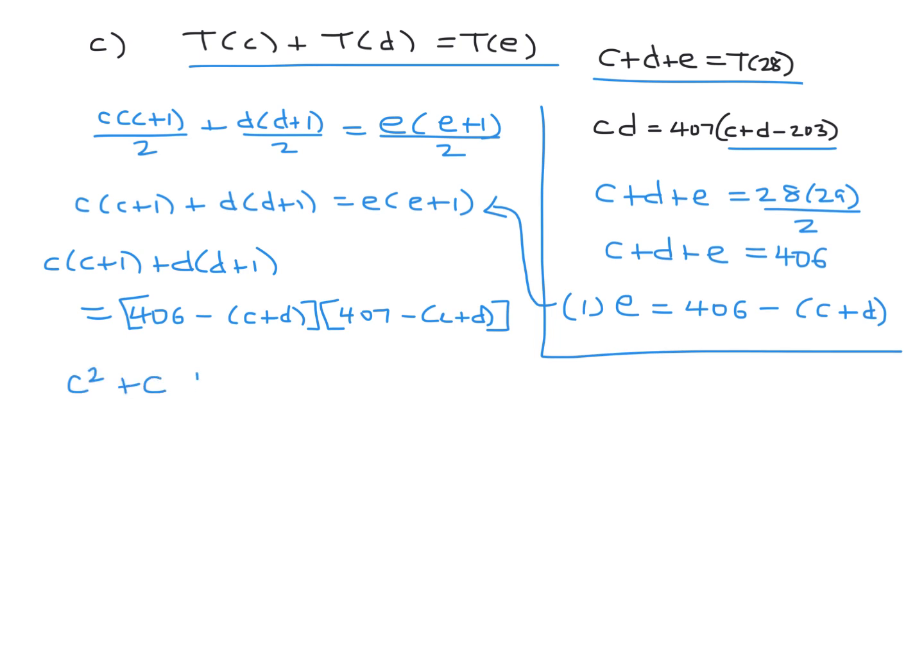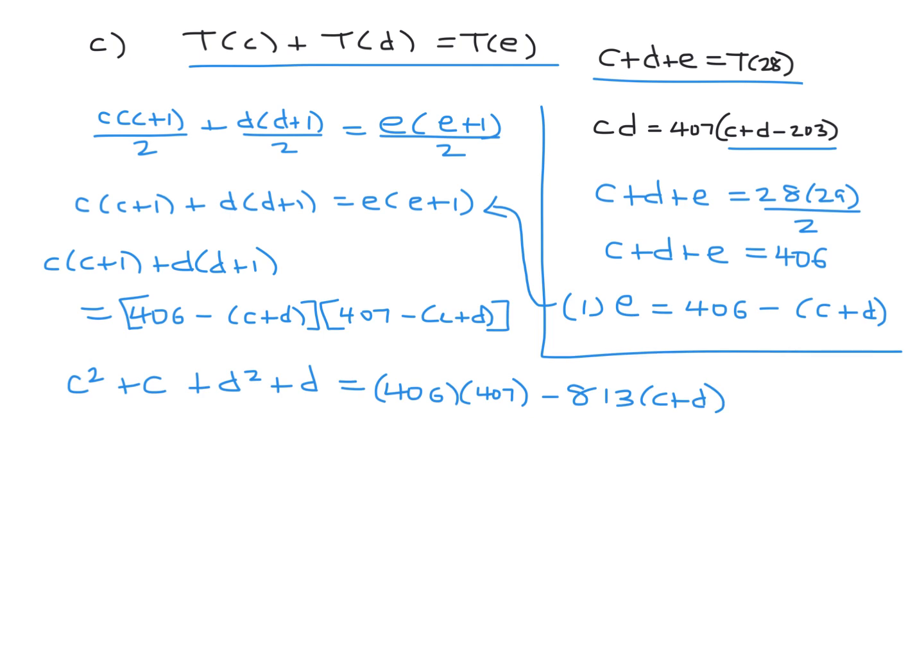c squared plus c, d squared plus d, and then this part, oh boy. We've got 406, 407, minus 406. Let me just combine it: 406 and then 407. So what's that? 813? Yeah, 813 times (c plus d).